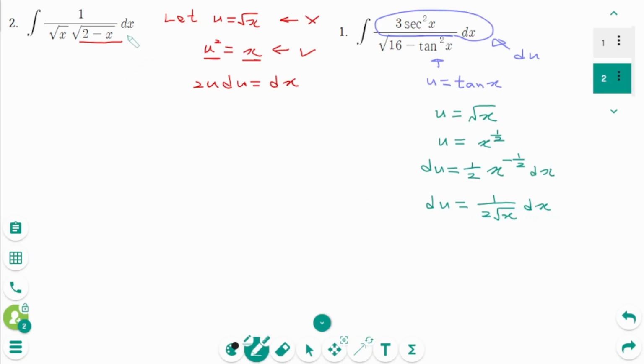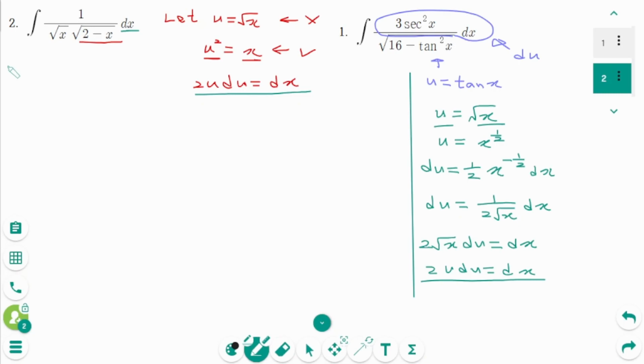There is only dx, then times 2 square root of x on each side, then 2 square root of x du equals dx. Then square root of x is u, so we can rewrite as 2u du equals dx. We have the same result. How is it? Much more complicated, right?